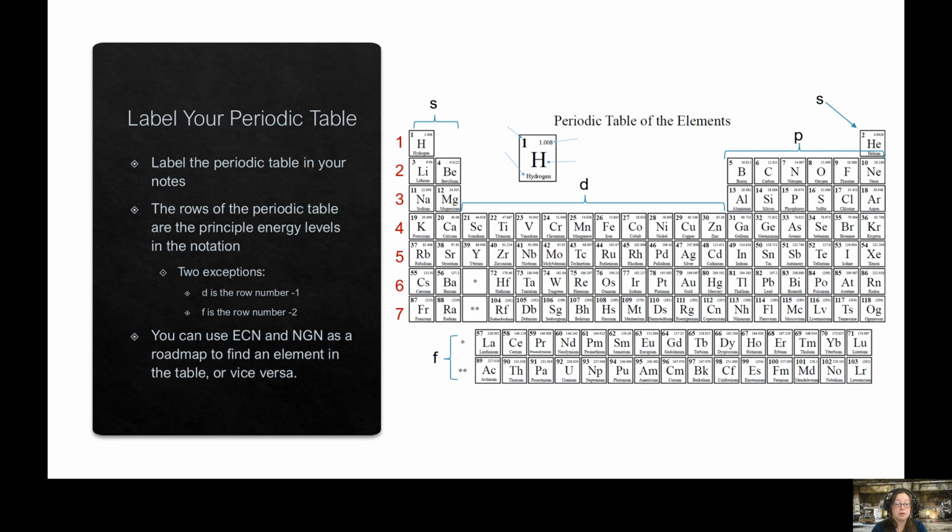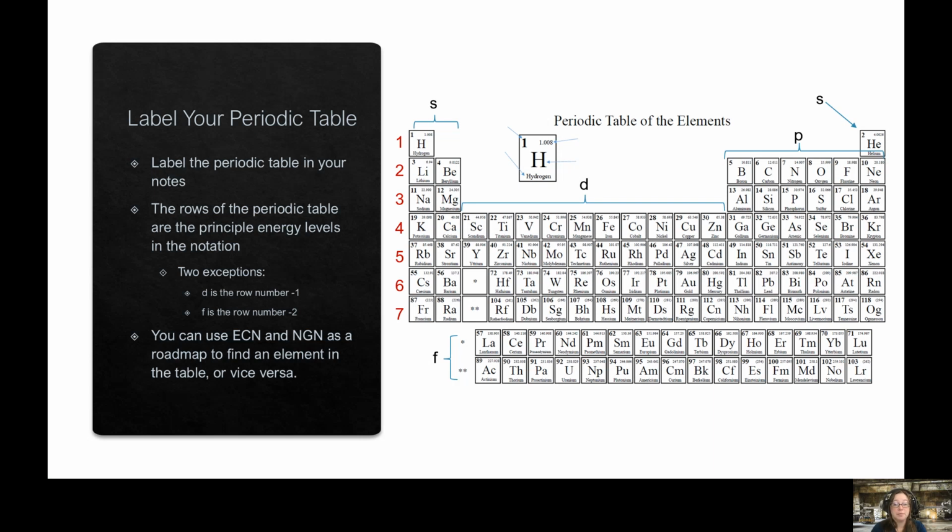So let me switch back to my cursor. So now you're going to label your sublevels. We call these blocks on the table. Your S block is the first 2 rows on the left-hand side plus helium, just helium.